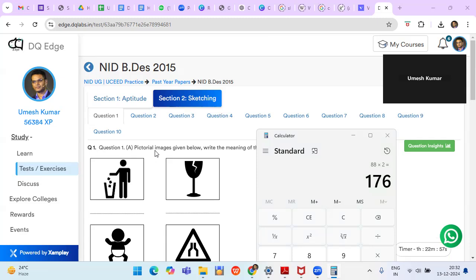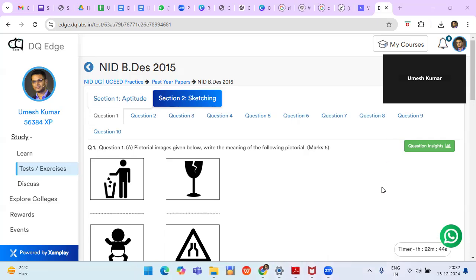In the first run, you allocate 1 minute per mark. In the second run, you allocate again 1 minute per mark. That is the right way of doing your work. Okay, just a minute, let me show my screen.